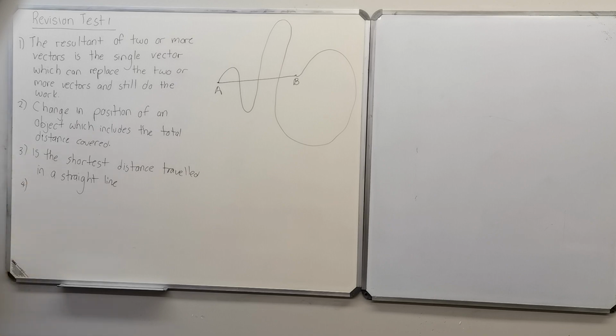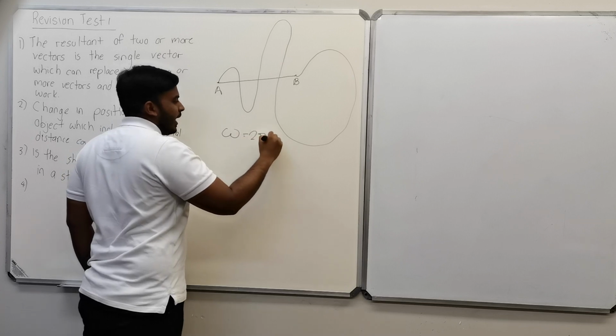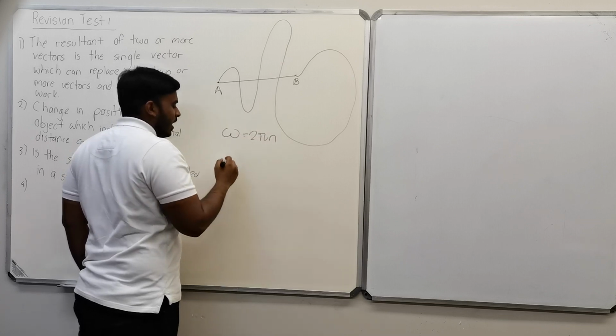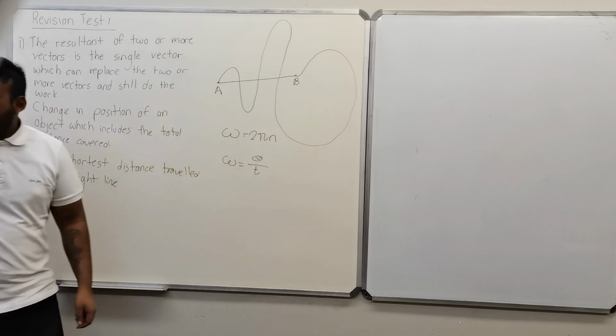Okay. The other two, angular velocity. Angular velocity is just the rate of angular displacement. I said angular velocity is the displacement of an object by use of time. Remember, angular velocity, as much as it's equal to 2 pi n, there's also a formula where it's equal to angular displacement over time.